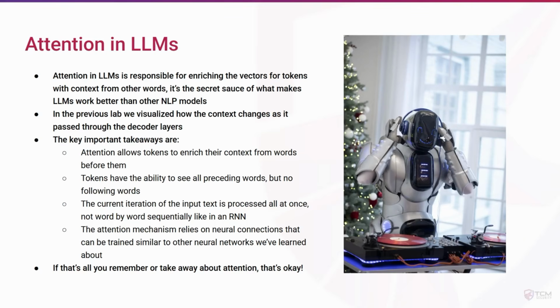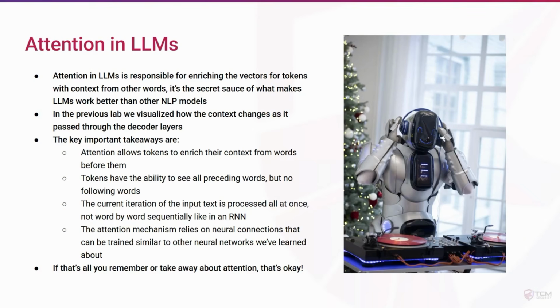The current iteration of the input text into a transformer LLM and a decoder is processed all at once. So this is not done word by word sequentially, like in an RNN where you feed in the first word and some of its context gets left behind, and you feed in the second one. And this is what actually makes LLMs be able to be trained and perform inference a lot faster as well.